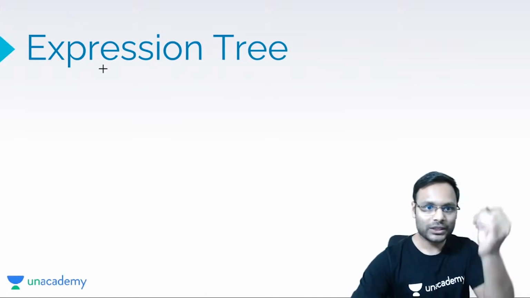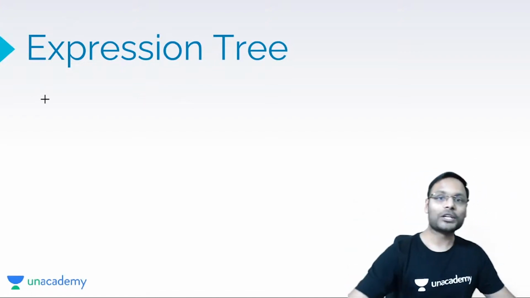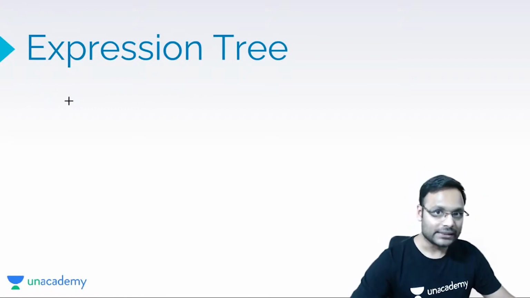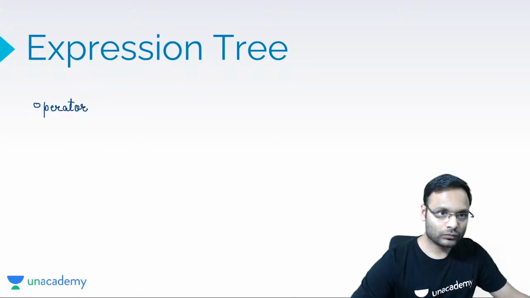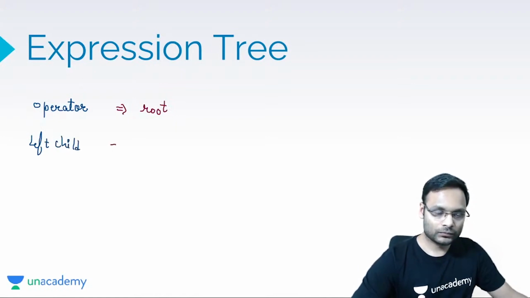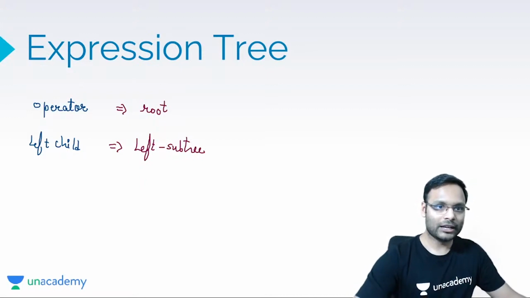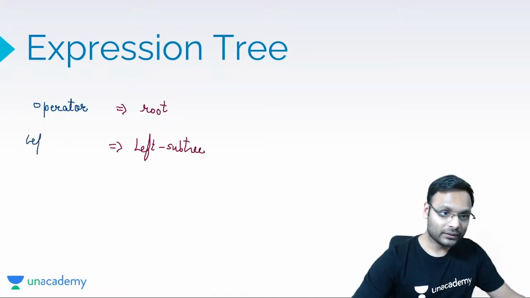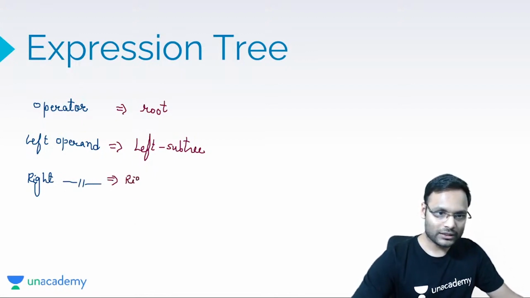An expression tree is a tree that denotes a mathematical expression. To denote an expression in the tree, what exactly you do is that you put the operator on the root, the left operand on the left subtree, and the right operand as the right child or right subtree.